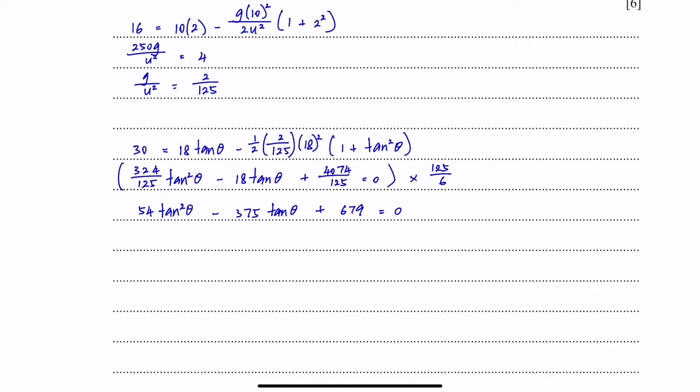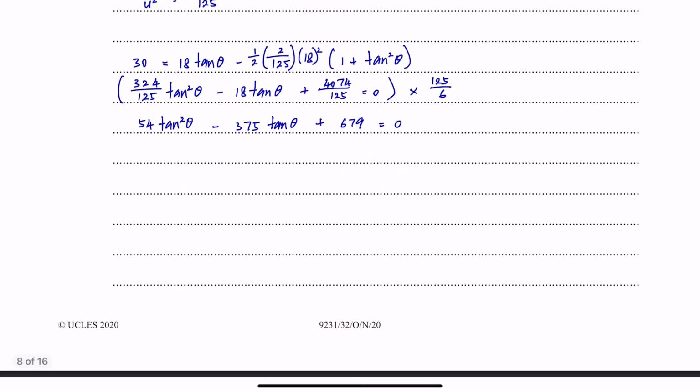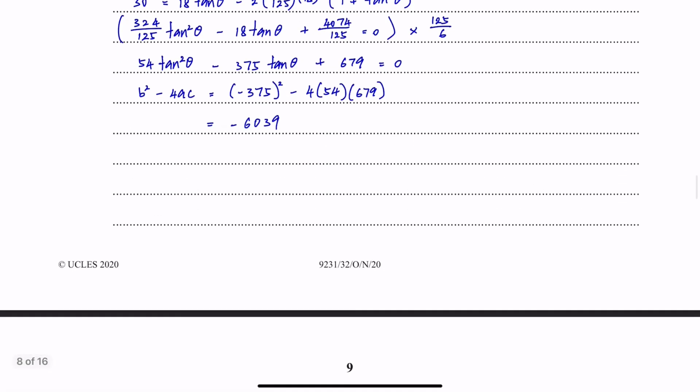So what we do now is we just prove that there is no solution for tangent theta, and hence there's no solution for theta. So how do we do it? We use the discriminant. b squared minus 4ac is equal to negative 375 squared minus 4 times 54 times 679. This would give us negative 6039. So b squared minus 4ac is less than 0.